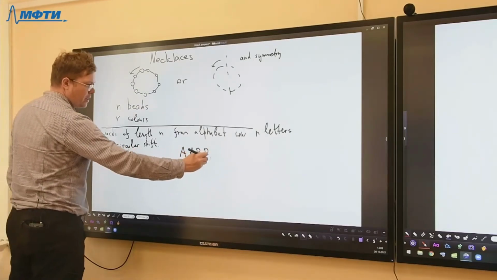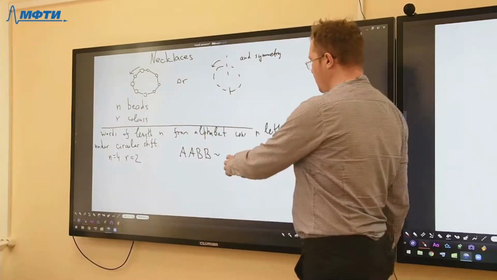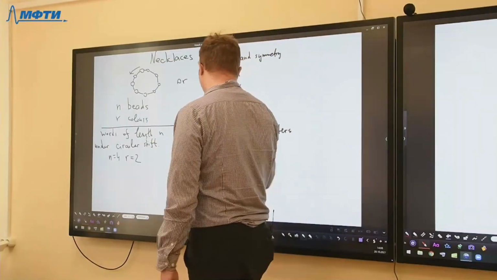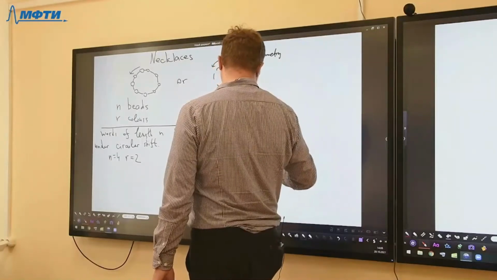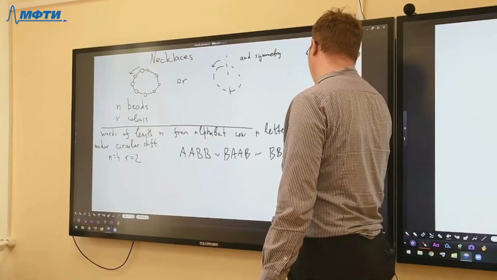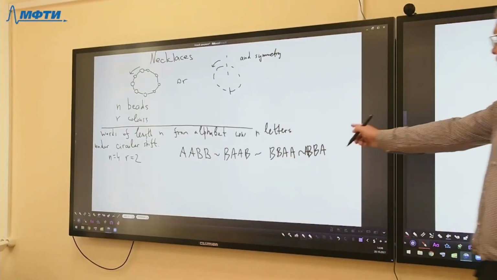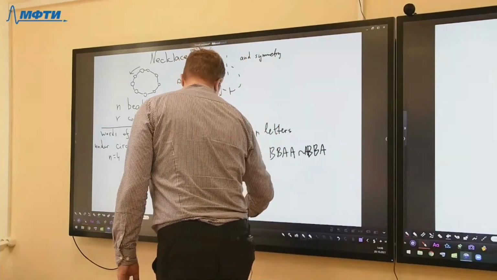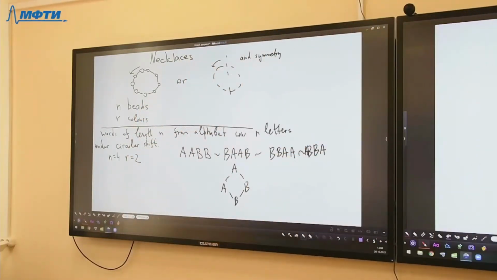AABB, for example, is the same as, if we make the circular shift, which means that we place the last letter at the beginning of the word, BAAB, BBAA, ABBA, and then it will be the same. Or I can write them just as a bracelet, I can write them in a circle.